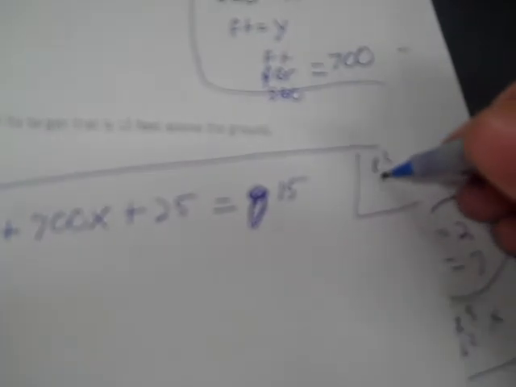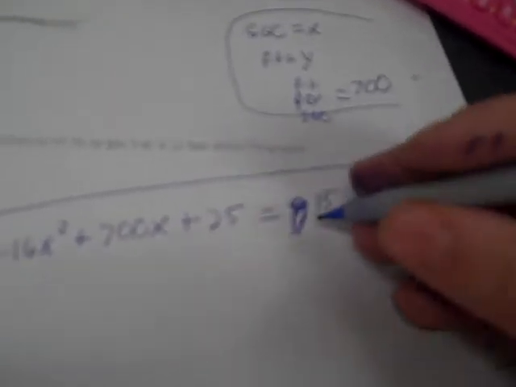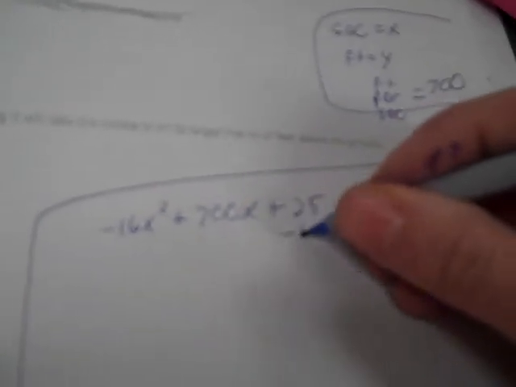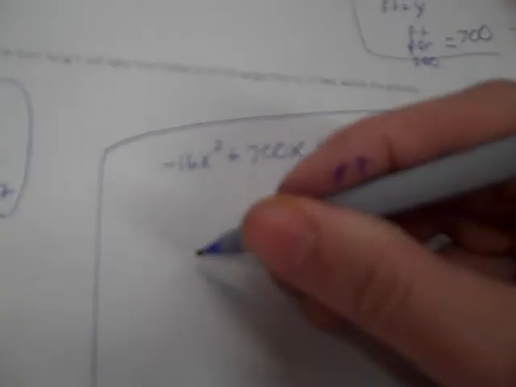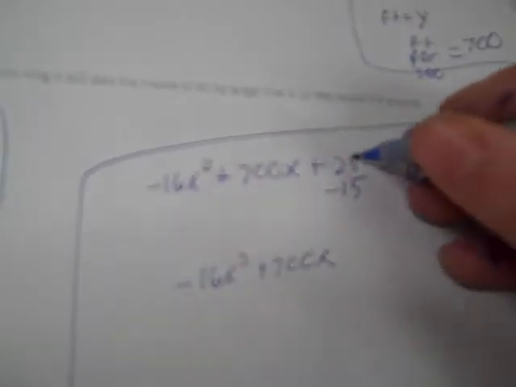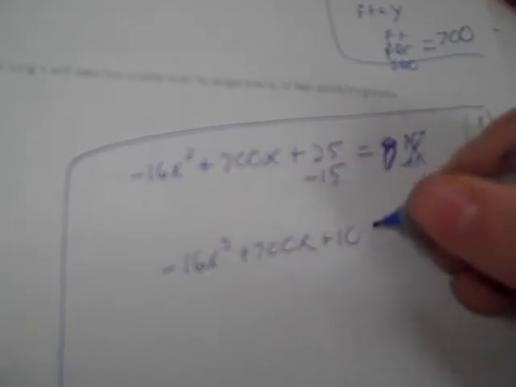So there are two answers. x squared and x, we're going to have to get our factors. So we need a 0 right here. So I subtract 15. So I have negative 16x to the second plus 700x, and that's going to be plus 10. Okay. So we're ready to do the three terms.